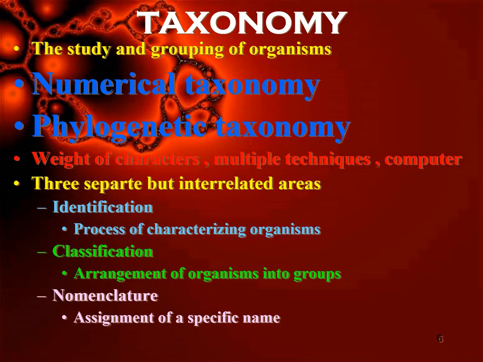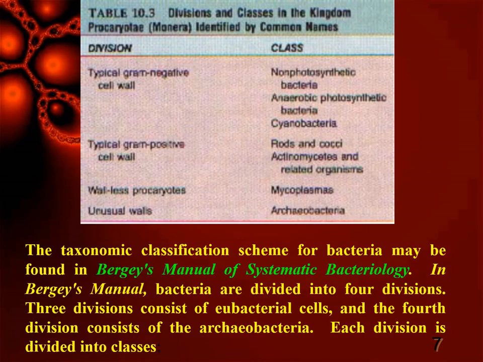The scientific name of each bacterium must begin with the genus name started with a capital letter, and then the species name. The name must be written in italic or underlined.